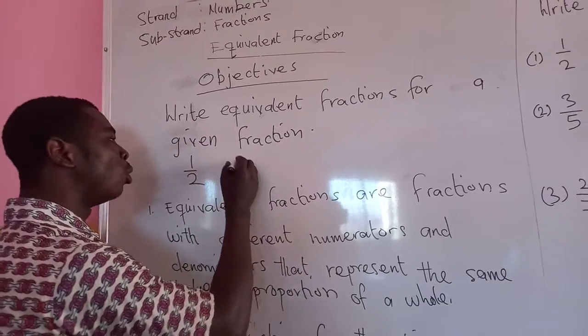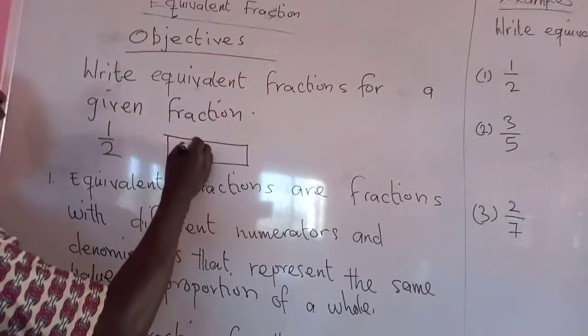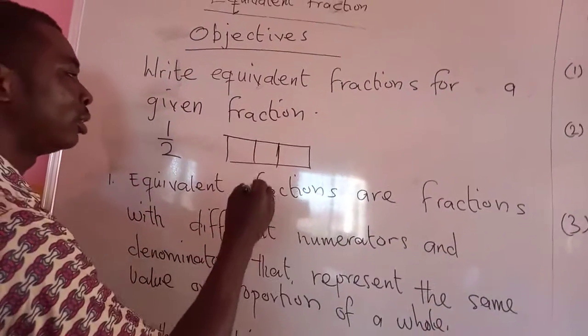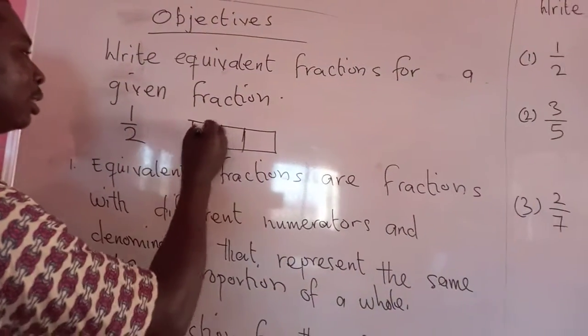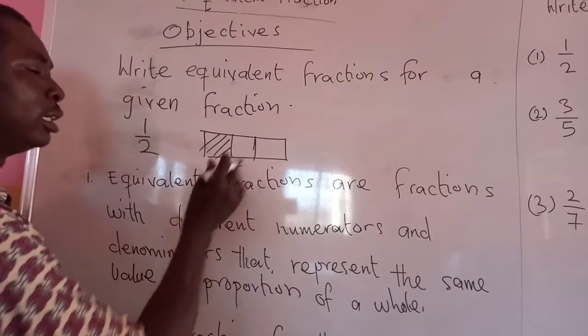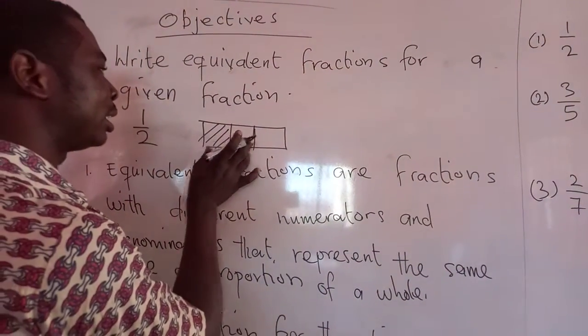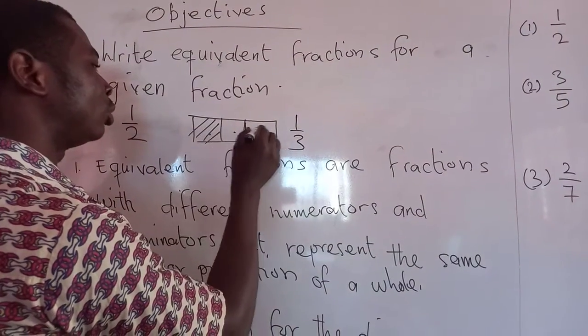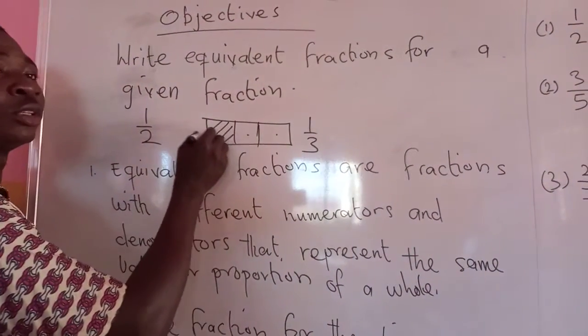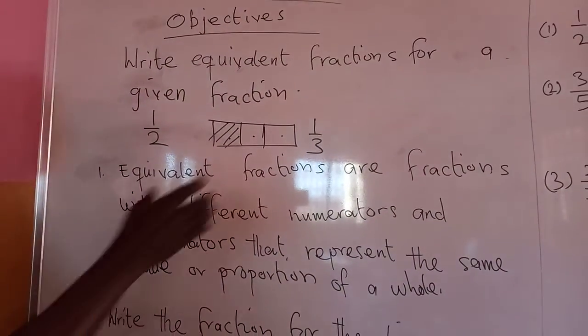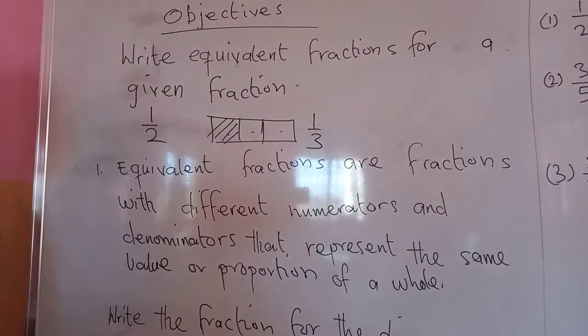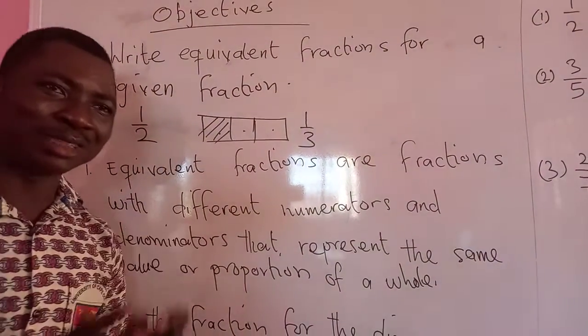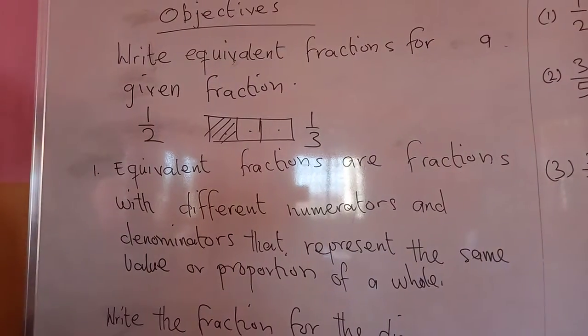Or I have a whole like this, and then I divide it into 3 parts and shade 1 part of it. I can write a fraction for this, which is 1 out of 3. So this is a fraction. But I want to identify equivalent fraction.